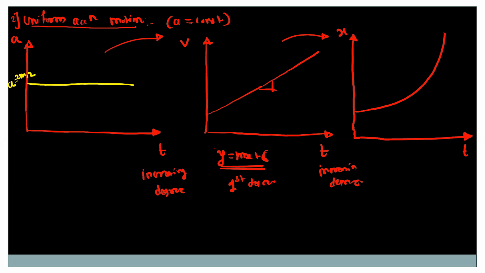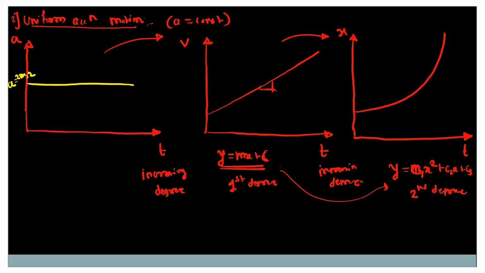And if you integrate this equation to find the position time, then its equation will be y is equal to c1 x square plus c2 x plus c3. Okay, so here the degree of the polynomial is two, this is the second degree curve.